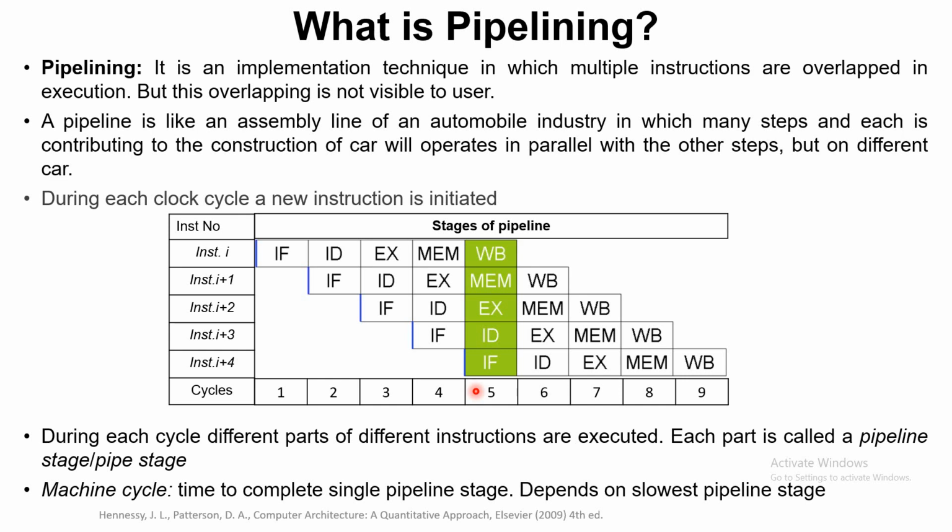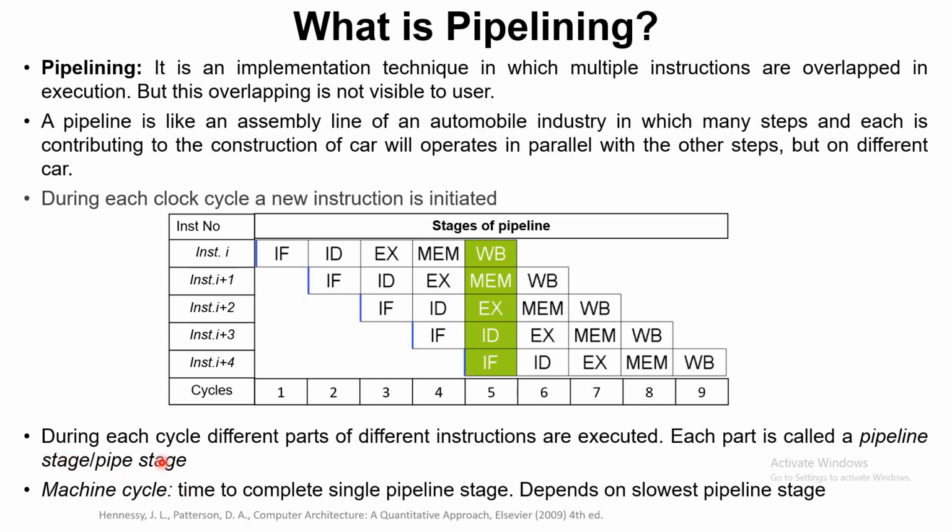This is called pipelining, in which multiple instructions, more than one instruction, are overlapped in execution. So all the instructions are executing, but with different parts.